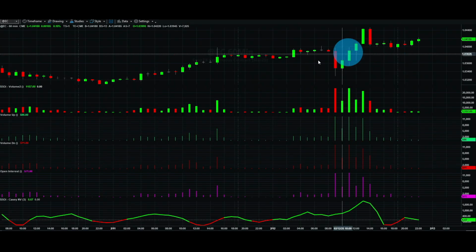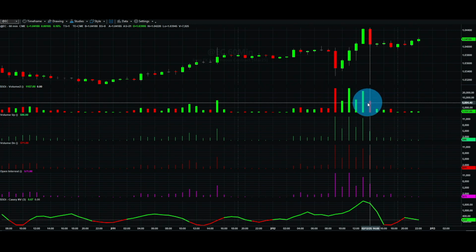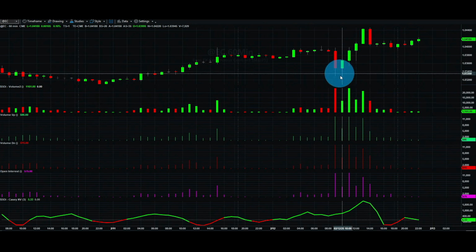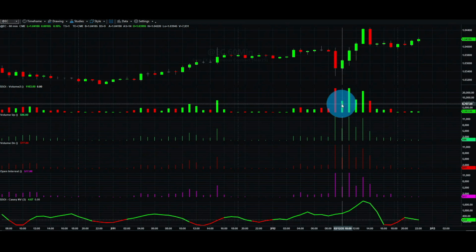Now, regardless, we still have a distinction between our current volume and the open interest on the daily bar. So in TradeStation, these are the candlesticks and these are the normal volume bars. Basically, when we have a close higher than the previous close, we will have a green volume bar.